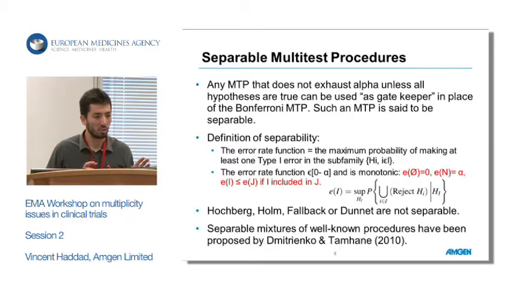For that, you take one procedure and another procedure, and you take a mixing function. With this mixing function, you can make a procedure that is more powerful than Bonferroni and that is separable. It satisfies the separability condition that helps to demonstrate that the family-wise error rate is always below alpha. This is what is explained in these publications. Next slide.